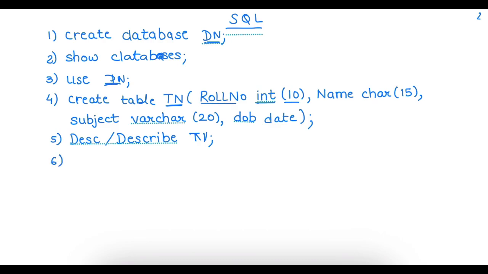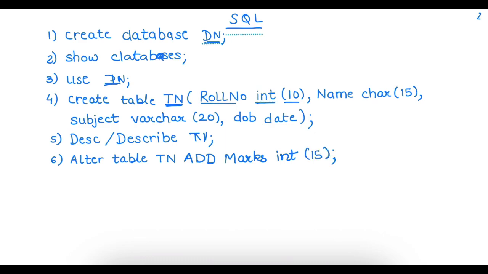Next is, if you want to add a new column after creating the structure, then we have to write alter table, table name, whatever is your table name here, and then add. Suppose I want to add a column name as marks, so I'm writing here marks, data type int, and size is 15.